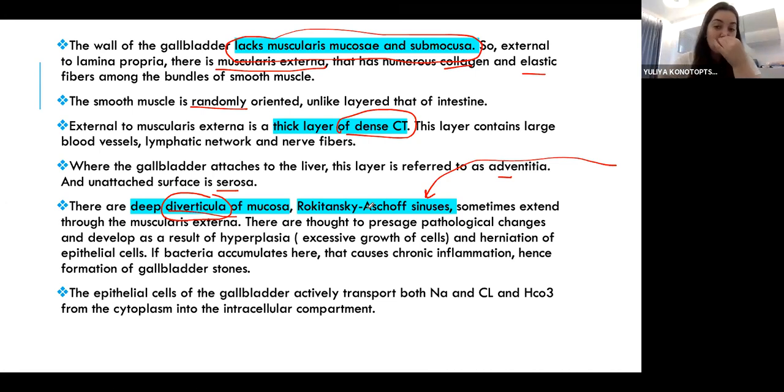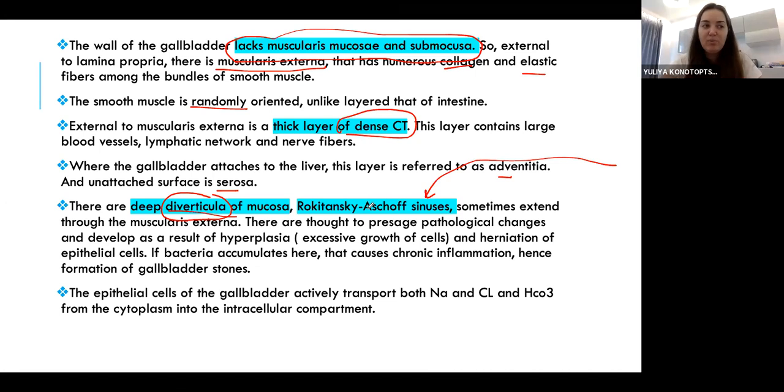And Rokitansky-Aschoff sinuses are pathological. They're not normal. So technically this is patho, but they do always ask you about it.